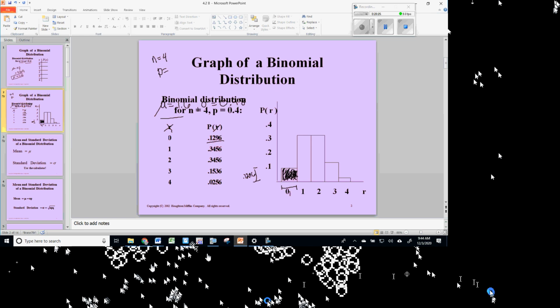For example, if I told you 60% of students at Smithville drive to school every day, and I said we go survey 100 students, how many would you expect to say that they drive?